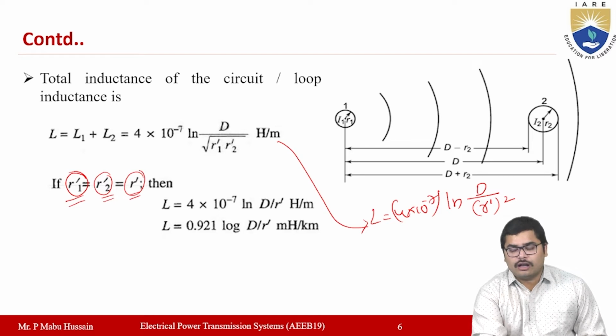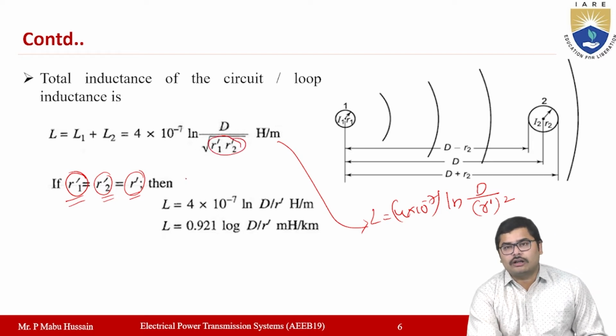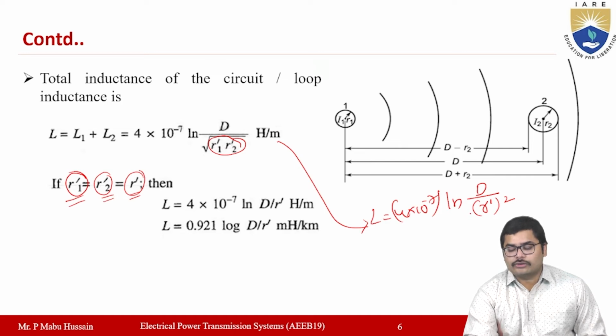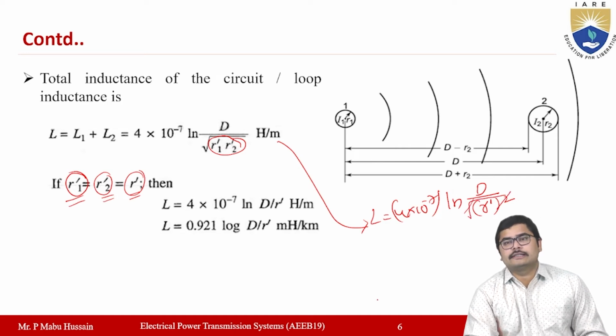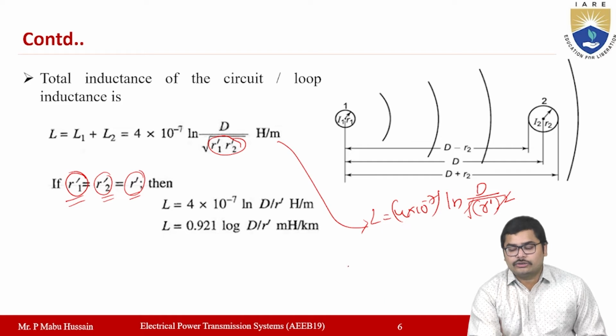In such a case, the product R1 dash and R2 dash becomes R dash whole square, and this has a square root, so the square root and the square cancel. The inductance then becomes 4 into 10 power minus 7 ln d by R dash.